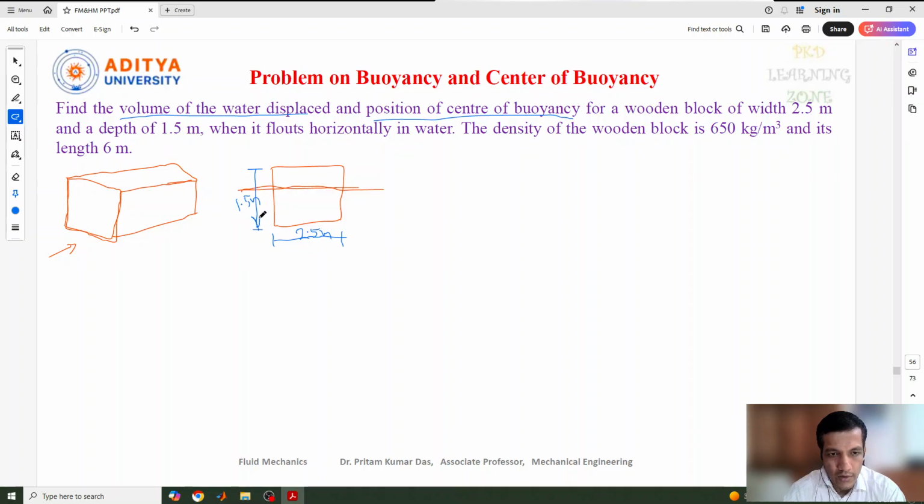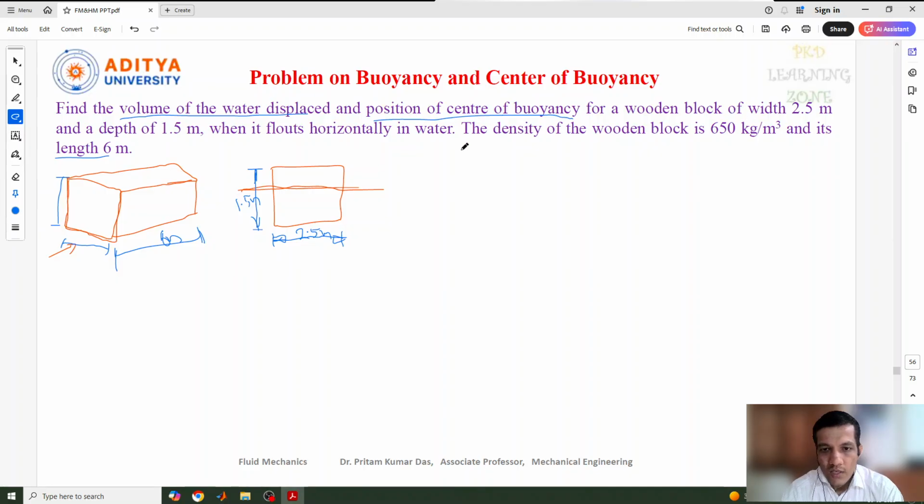You can draw it like this. Suppose this is the width and this is the height, and the length is 6 meter, from here to here. So this is the diagram.